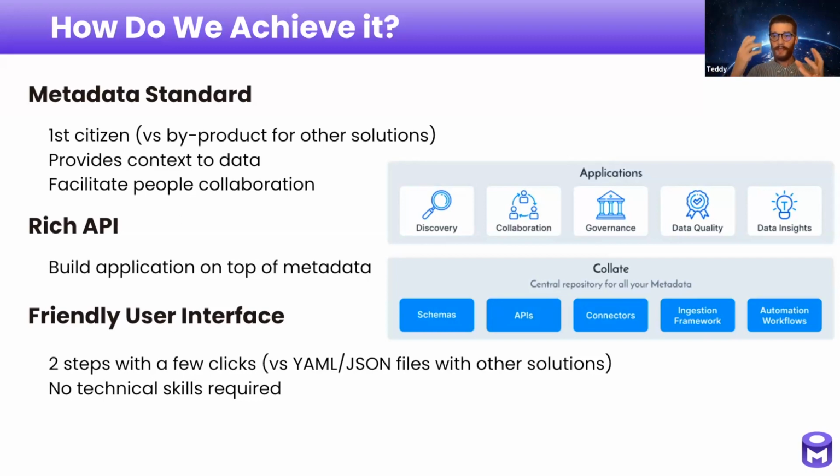What we really try to emphasize is a friendly user interface where people with different skills inside the organization, but with knowledge about the data and the domain, can come and contribute to defining the data quality standard for that specific asset. Those three elements are how we are doing it.